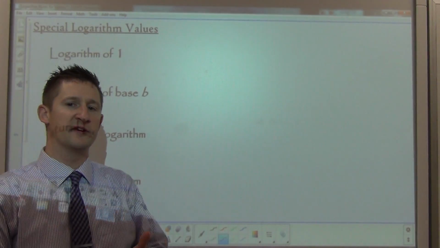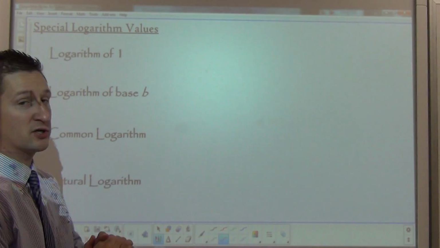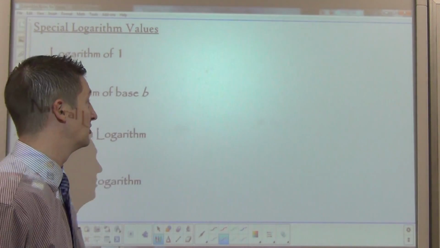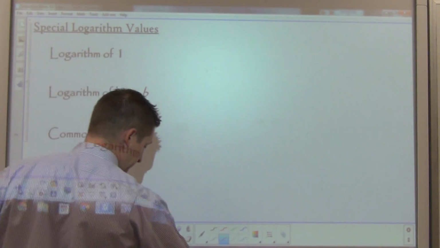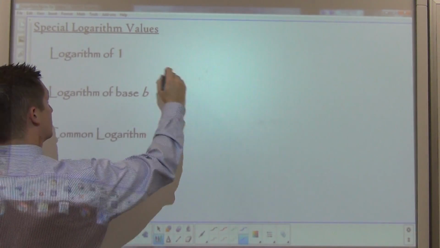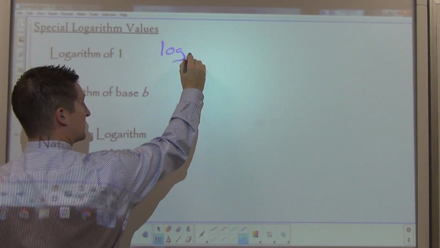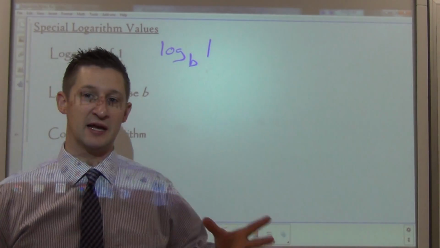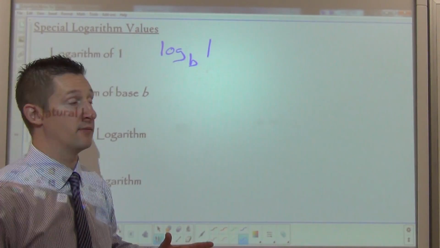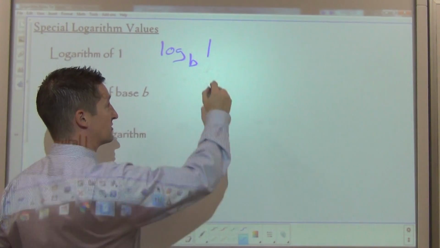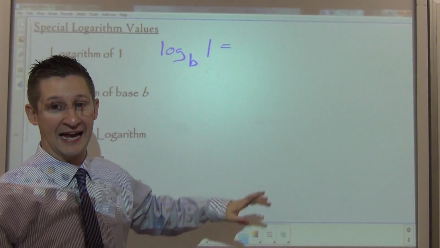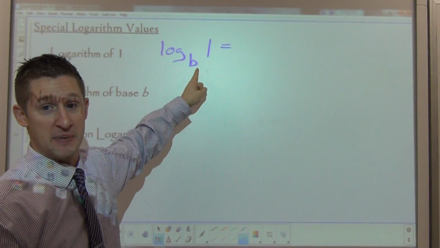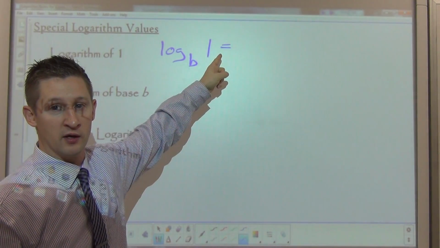Next up, I want to briefly look at some special logarithm values, things that you need to be able to recognize. The first one is the logarithm of 1. If I were to find the log base b of 1, I use b because it can be any base that I'm working with. Now remember, the answer to this is an exponent to which I would raise this base b and try to get 1.